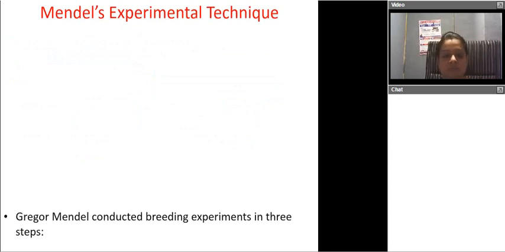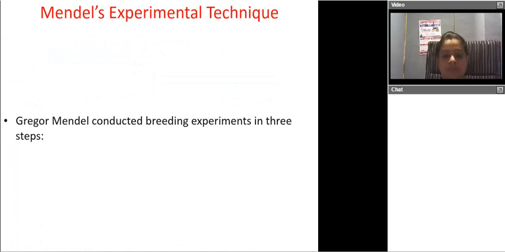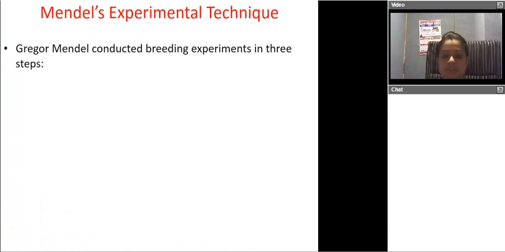Now let us understand Mendel's experimental technique. Mendel conducted breeding experiments in 3 stages.